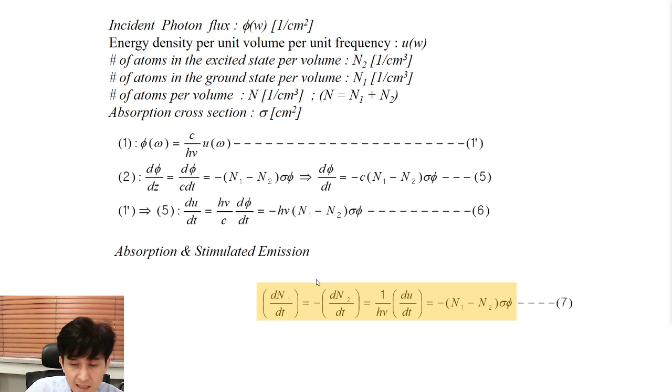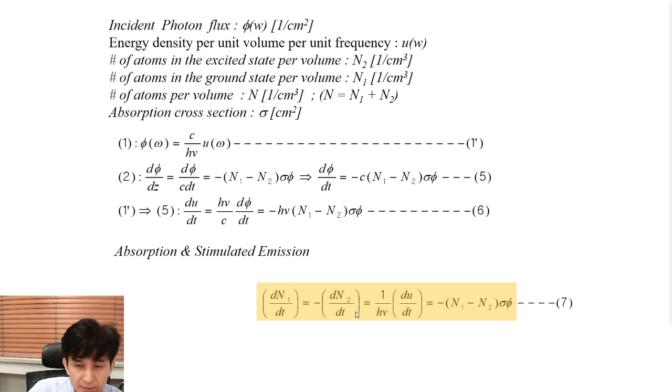It is the same as the number of photons per volume divided by the, right, so that is the number of photons per volume, which is minus n1 minus n2 times sigma times phi.